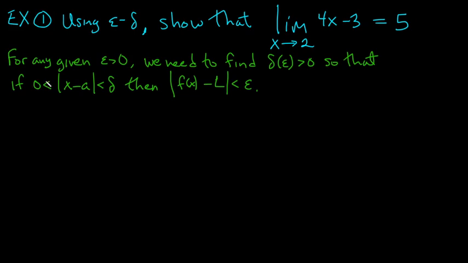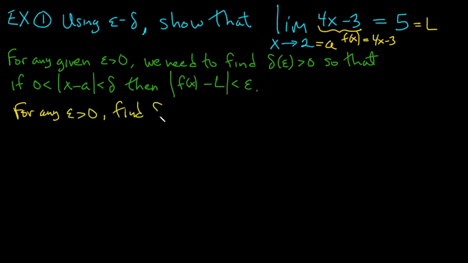Let's apply it to our particular example. In our example, a is 2, L is 5, and my f of x is 4x minus 3. So let's write this statement down again. For any epsilon, we need to find the delta, possibly as a function of epsilon.